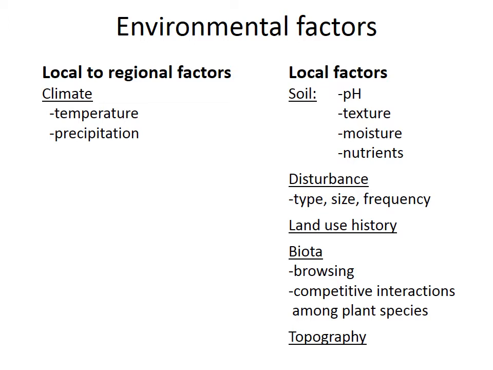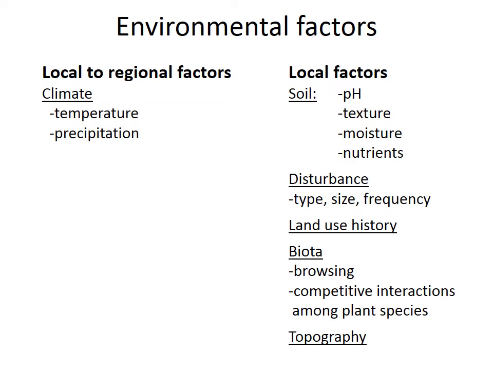Disturbances can affect these boundaries as well. Grasslands tend to have frequent fires that kill tree seedlings before they can reach a size where they can shed seeds, for example. And once a grassland is established, it tends to reinforce that frequent fire disturbance regime that keeps the trees out and allows the grasses to continue to grow. Land use history can be a factor as well.